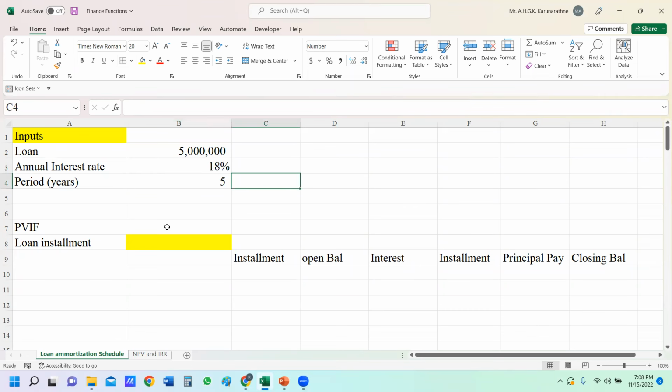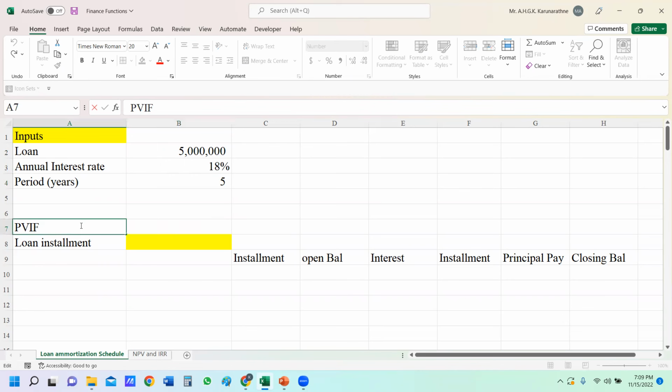The first requirement: if you are given only the loan amount, the applicable annual interest rate and the term of the loan, you should be able to compute the loan installment. For that purpose, I think you have the financial management knowledge. To compute the loan installment, you need to compute the present value interest factor of an annuity.